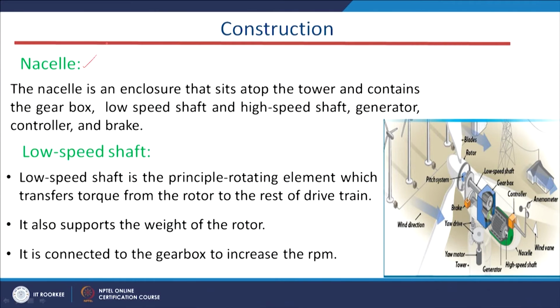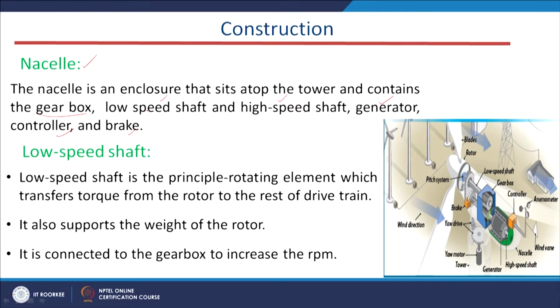Now, coming to the nacelle. The nacelle contains, first, the gearbox. We will come to the function of the gearbox. Next is the low speed shaft, the third is the high speed shaft, then the generator, controller, and the brake.